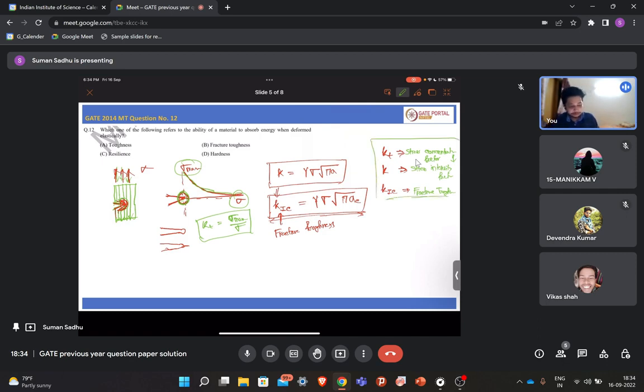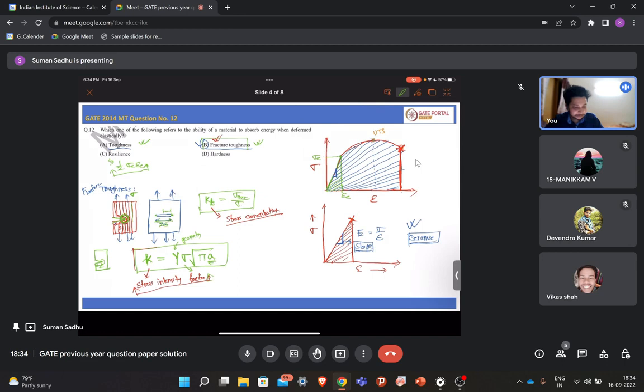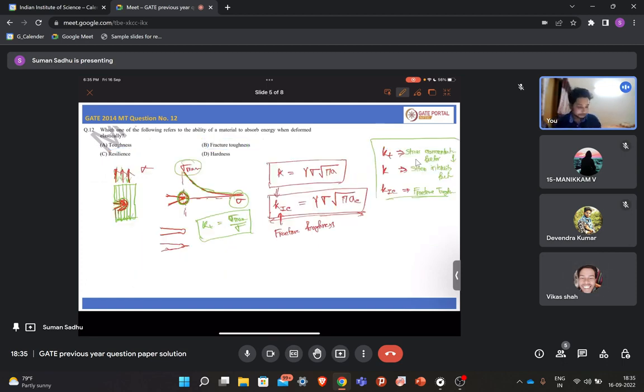It is similar if you see this stress-strain diagram. At this point, you will call it sigma, just stress. But why are you calling this one UTS, ultimate tensile strength? Because it is an ultimate value, or a maximum value. And why are you calling it the fracture stress? Because at this point your sample is getting fractured. Similarly here, when it is a general value, it is simply the stress intensity factor.